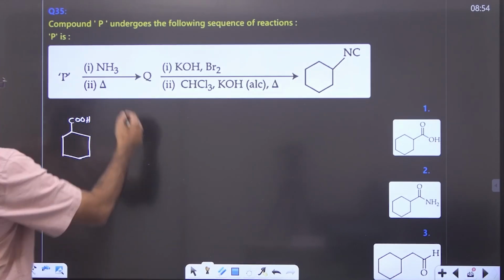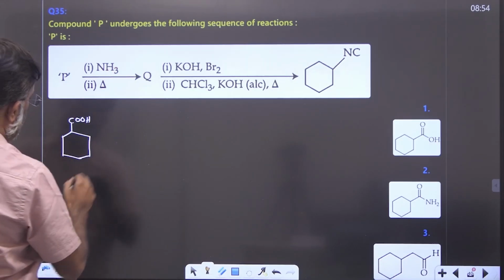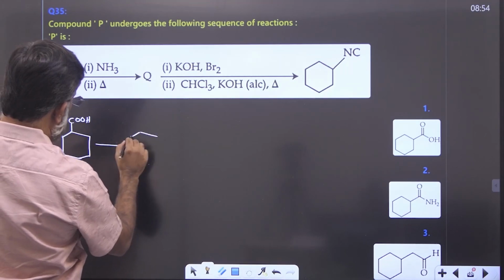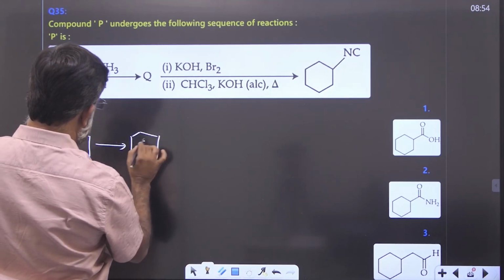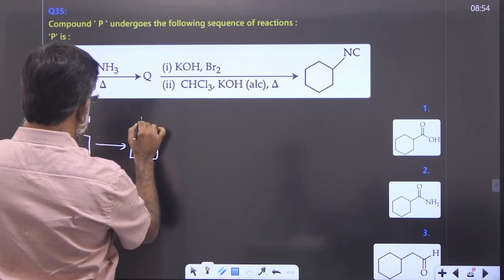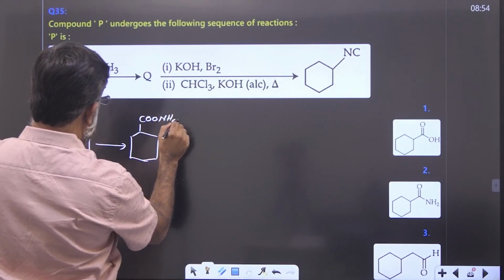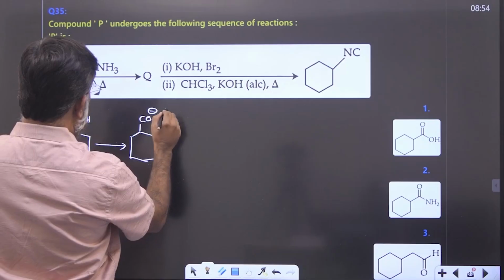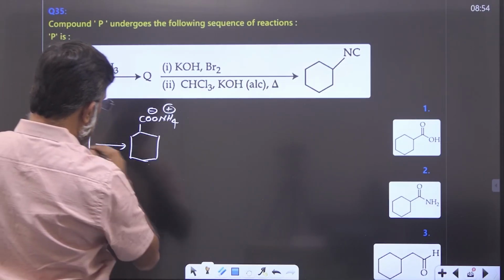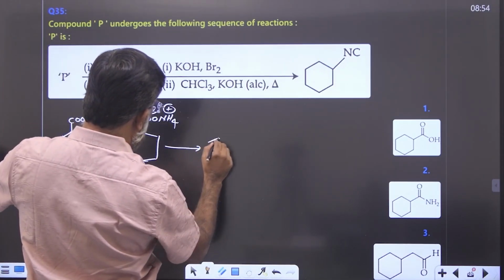This is treated with ammonia and heated. First you will get the ammonium salt, not benzene. First you get the ammonium salt and upon heating it will be converted to amide.